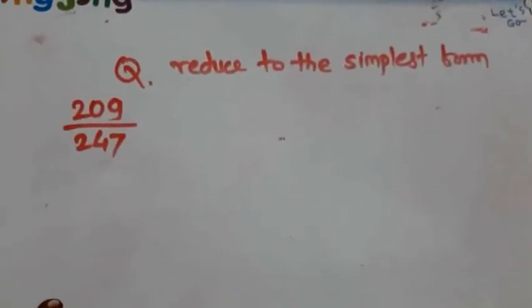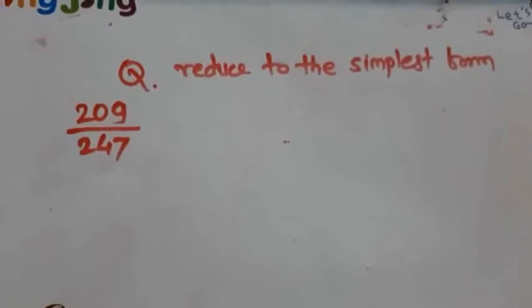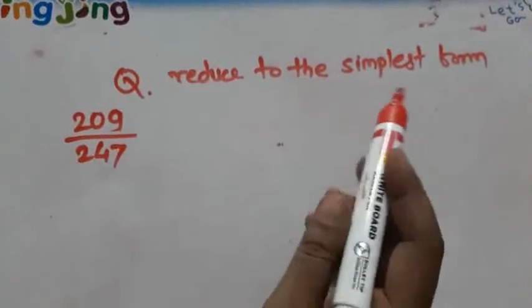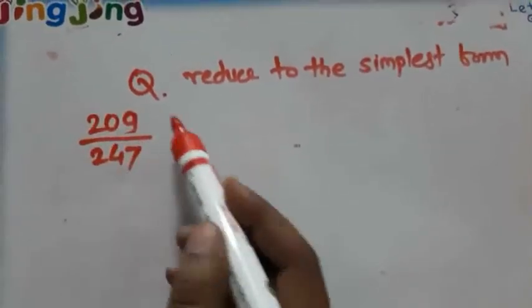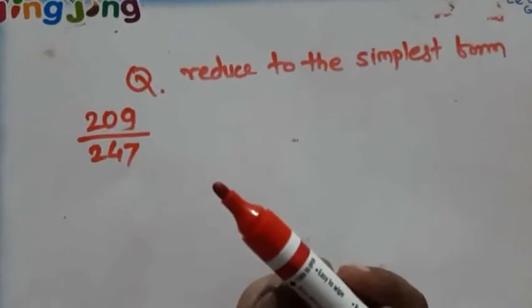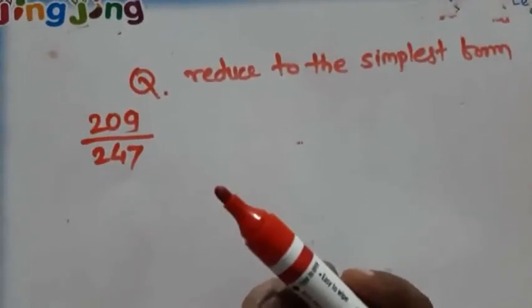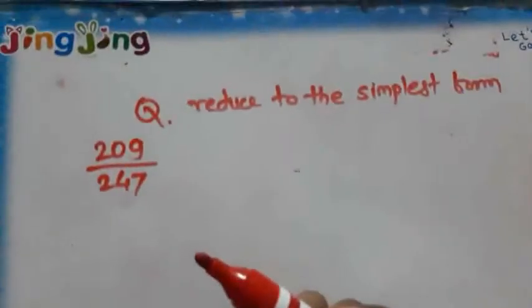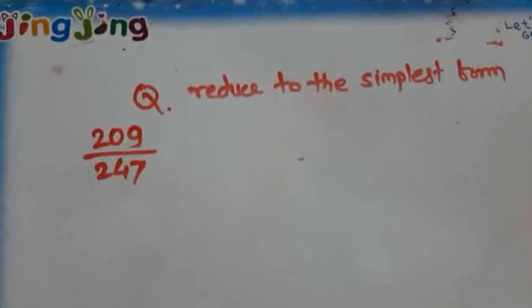Now for this, another type of question can be asked, like reduce to simplest form, and a ratio like this will be given to you. So for that, what we have to do is first find the HCF of these numbers by the division method, and then reduce it to simplest form.